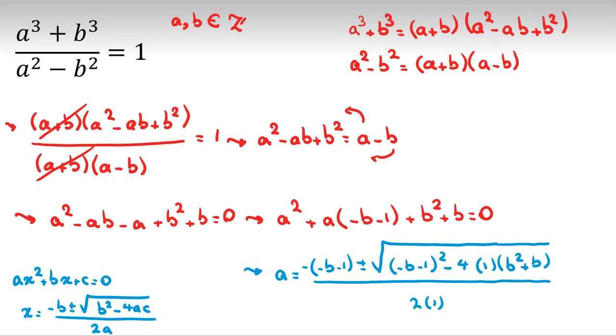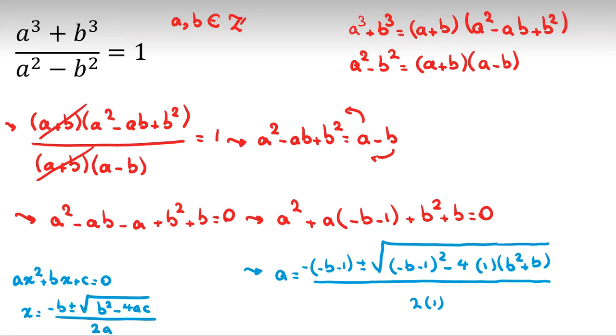So let's simplify this formula. a equal to b plus 1 plus minus square root of b plus 1 squared, because we have squared, the sign is not important.